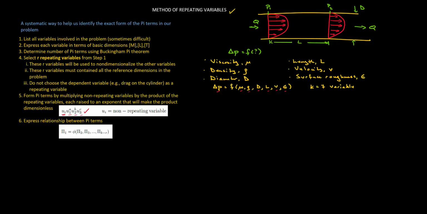Now, I'm not going to go through it in here, so you can check on your own, but all these 7 variables contain the basic dimensions M, L, and T. Okay, so the mass, the length, and the time appear somewhere in all these 7 variables. Thus we can say that R is equal to 3. So M, L, and T are present.